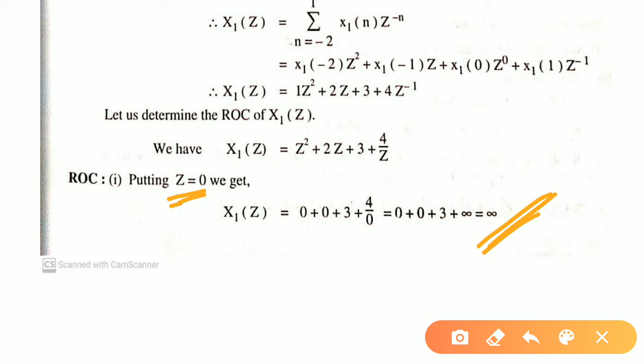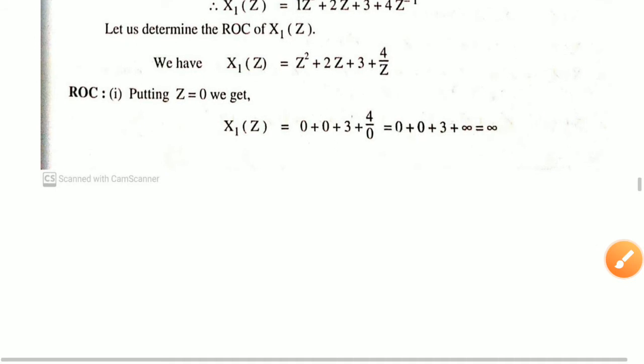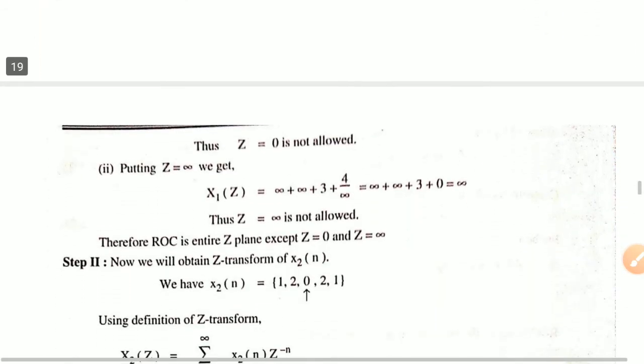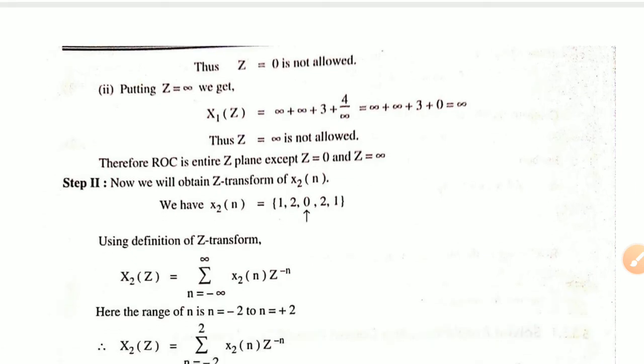So z equal to 0 is not allowed, because according to the definition of ROC, x of z should attain a finite value, but we get an infinite value. So there is no ROC for this point.